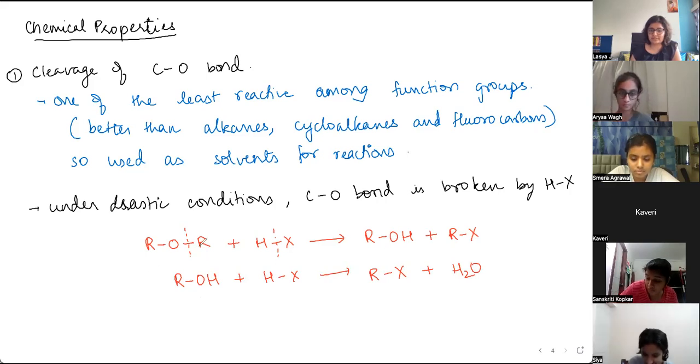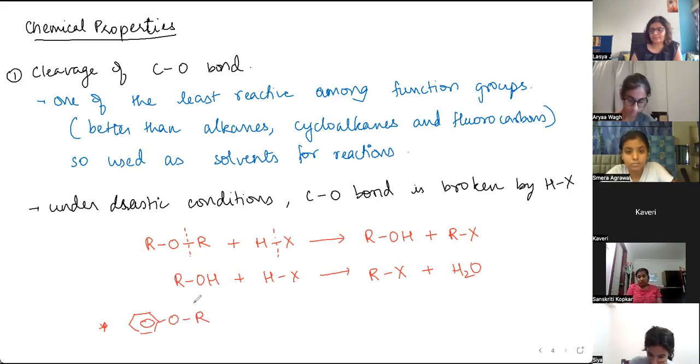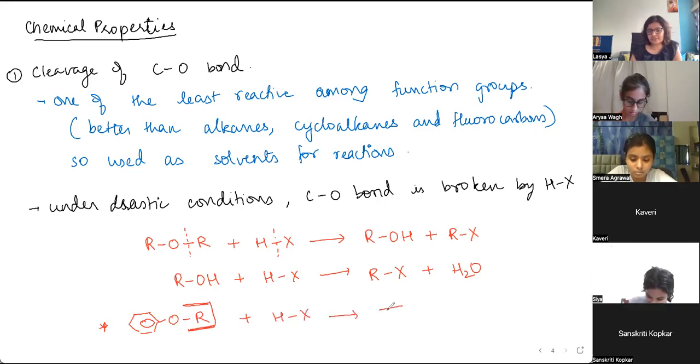So with this, the ether is completely broken down. And a special case, if you take aryl ethers, no matter what this R may be, you get the same products always, which is phenol plus RX.